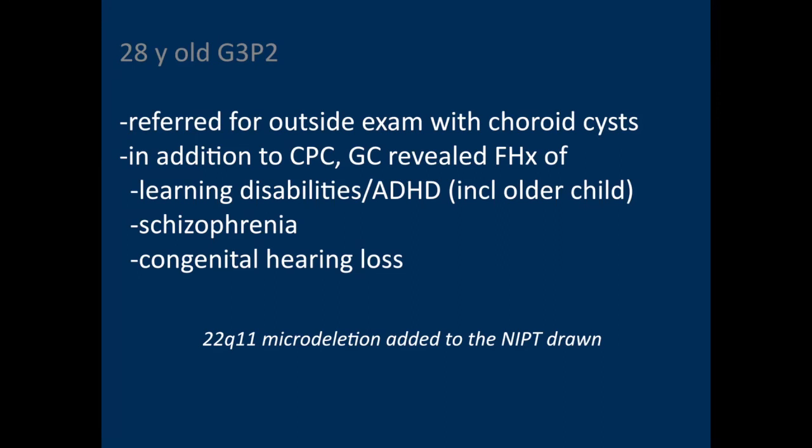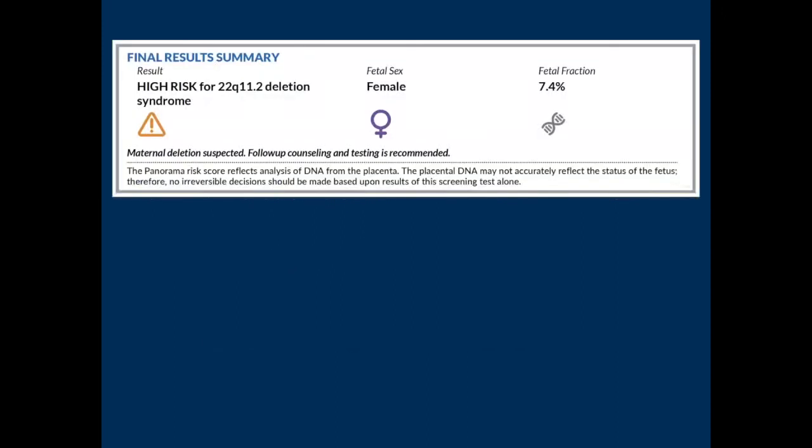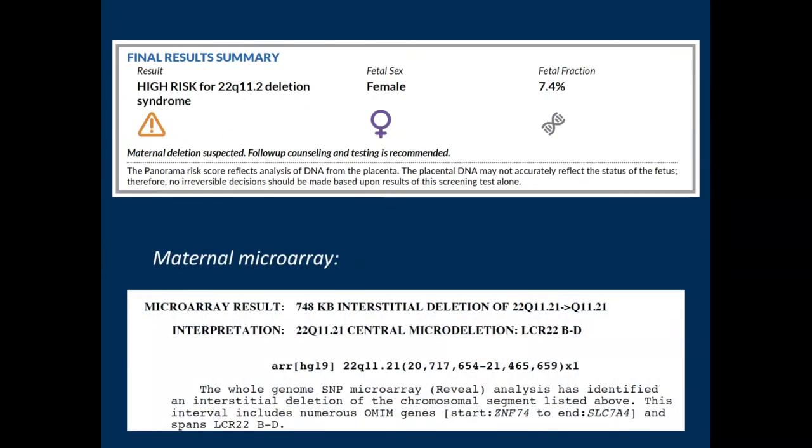Because of the presence of choroid cysts, she opted for a 22q deletion as well as NIPT testing drawn. And this was the result that we got back, which was uninformative for the fetus specifically, but very suspicious for a maternal deletion in the 22q11 gene.